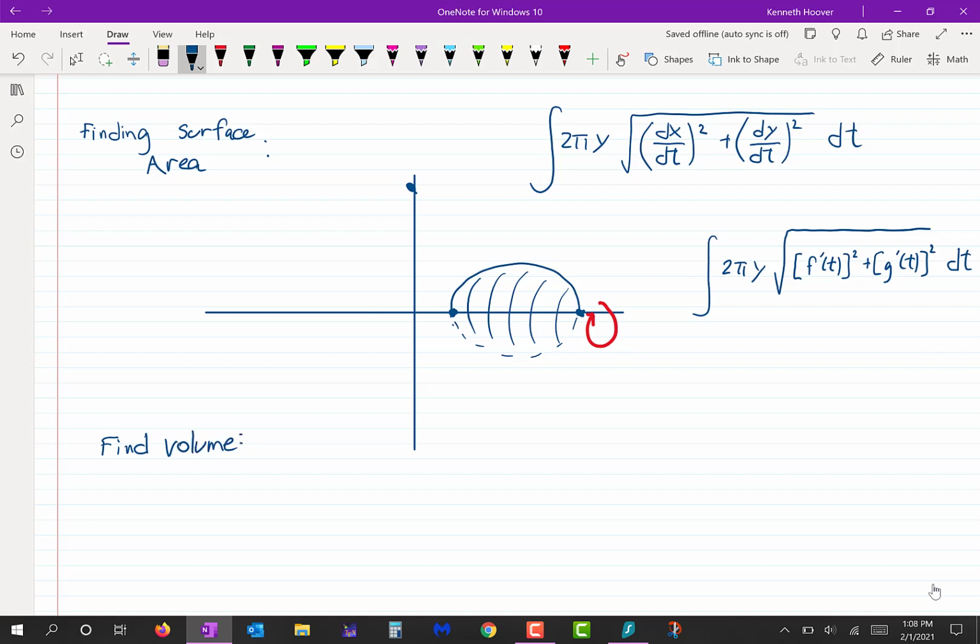So remember, the volume for that was very easy. It was just integrating pi y squared with respect to x. So the only difference here is that we want to convert that dx to a dt. So we integrate pi y squared times dx/dt with respect to t.